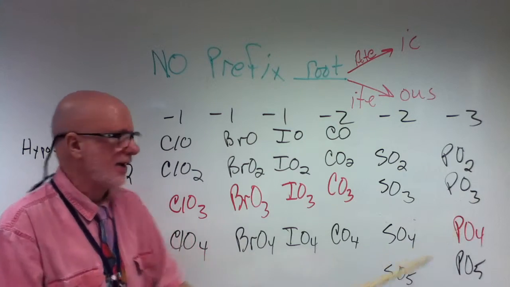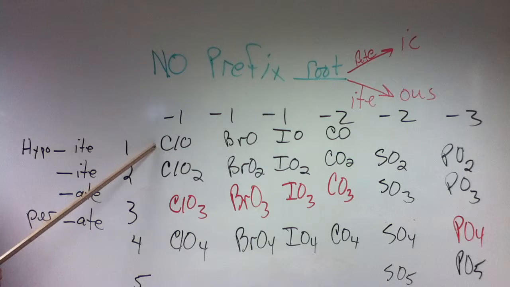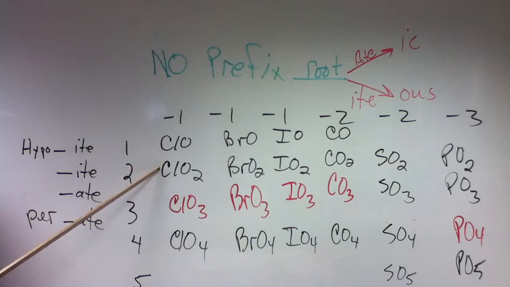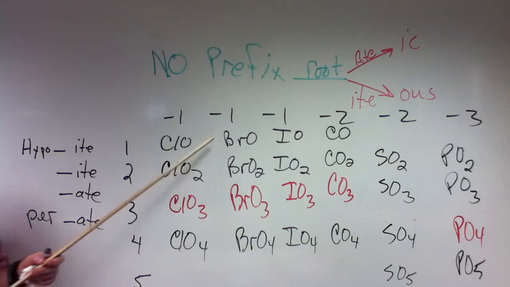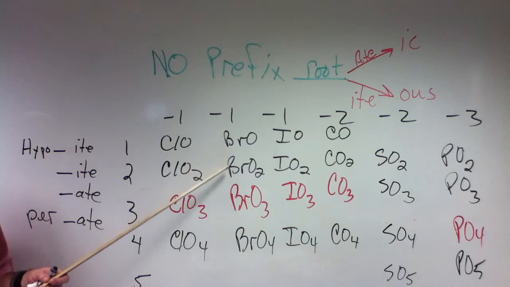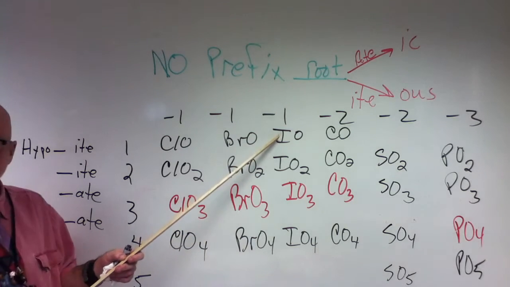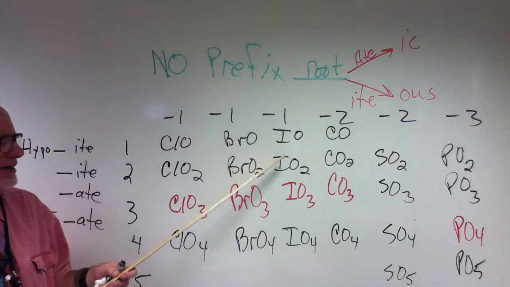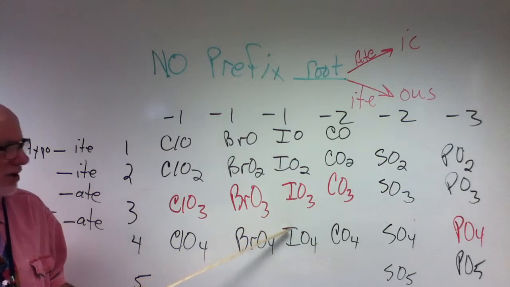This is hypochlorite, chlorite, chlorate, perchlorate. This is hypobromite, bromite, bromate, perbromate. This is hypoiodite, iodite, iodate, periodate.